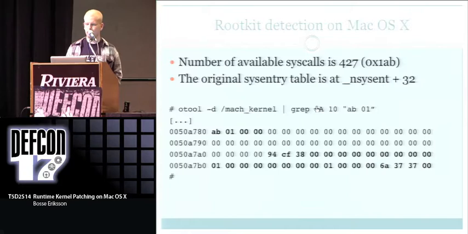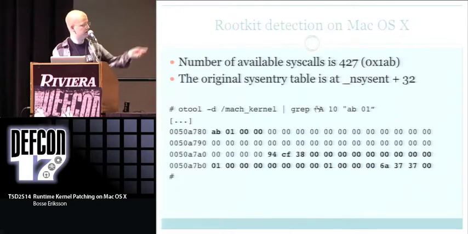But remember, the number of system calls available is 427, and that was 0x1AB in hex. And the original sysentry table is at number of sysentries plus 32. So we can look at the Mach kernel image, and you see I have a highlight there. We have the number of sysentries, and 32 bytes ahead we have the start of the sysentry table.